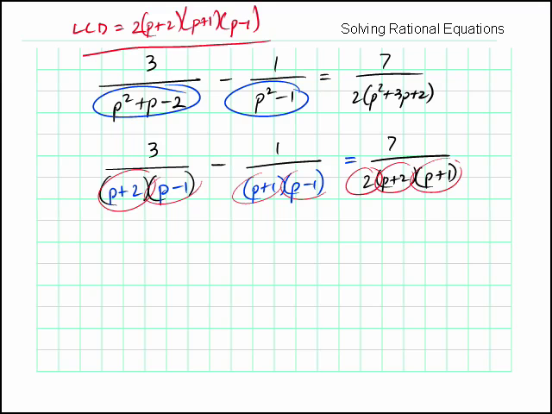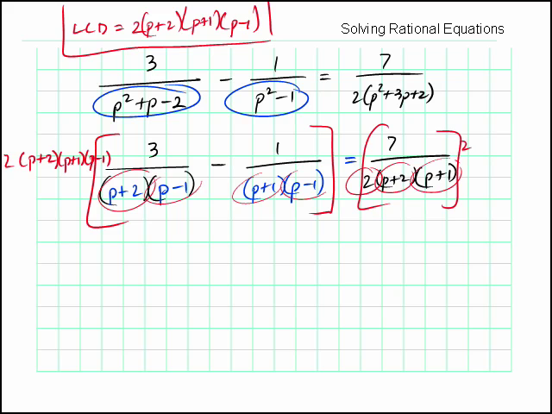So this is my LCD for the entire equation. So this whole side will be multiplied by 2, p plus 2, p plus 1, p minus 1. And this whole side on the right, same thing, 2, p plus 2, p plus 1, p minus 1.